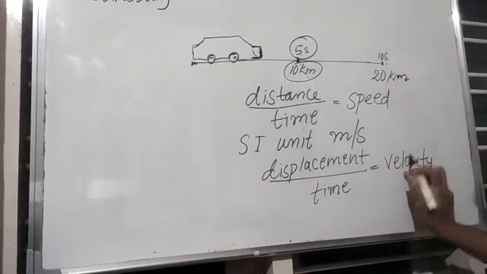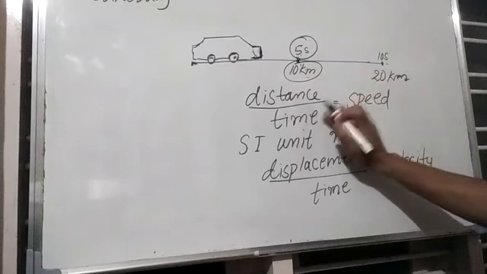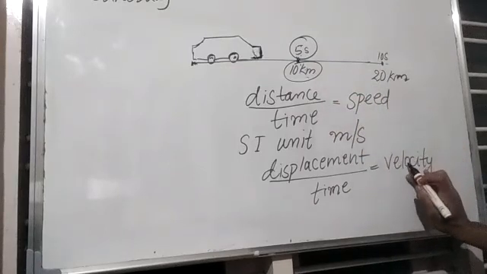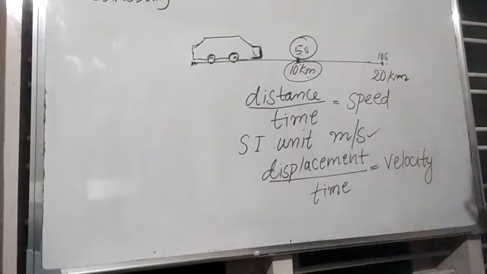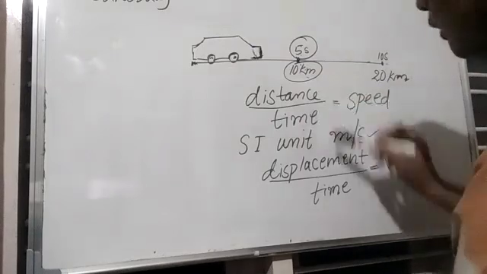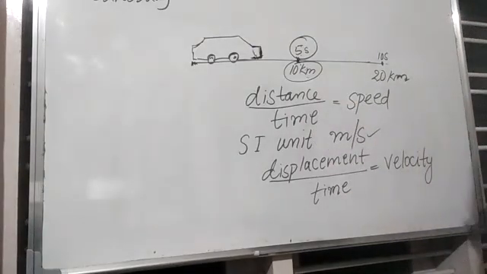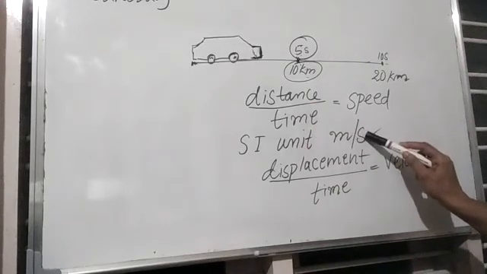So, velocity is displacement by time and distance by time is speed. For both of them, the SI unit is meter per second.